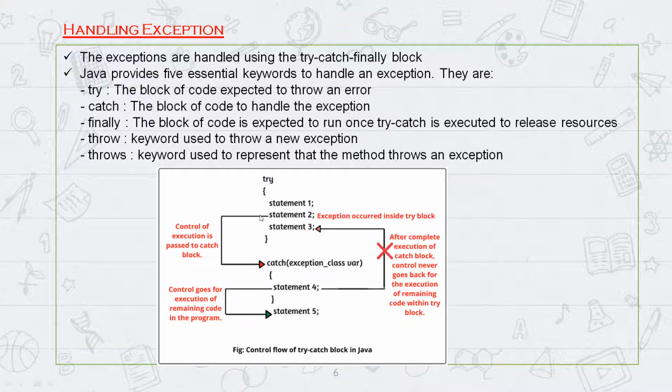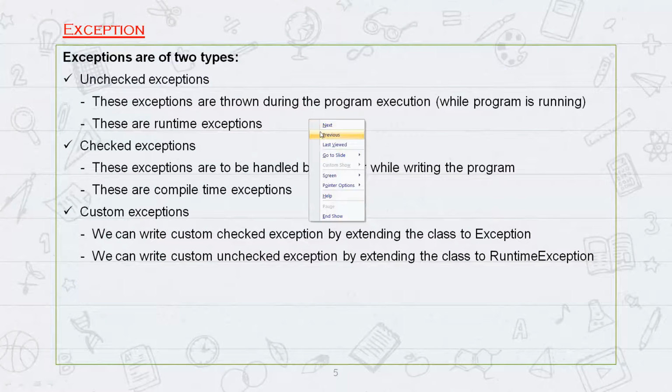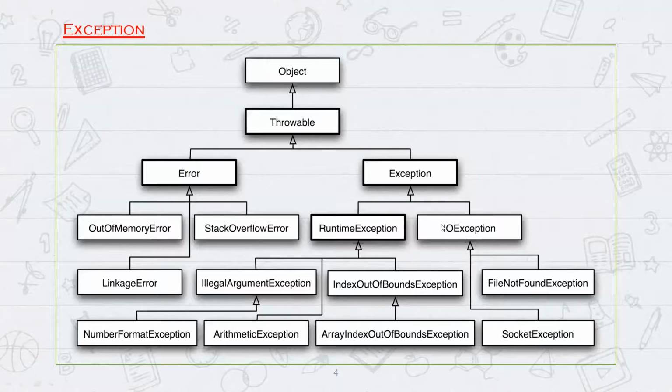Whenever there is an exception in the try block, the catch block is used to handle it. The syntax is catch, then an exception class and a variable name. The exception class can be IO exception, index out of bounds exception, or array index out of bounds exception; any exception you can give.